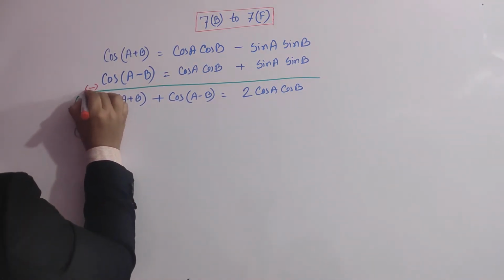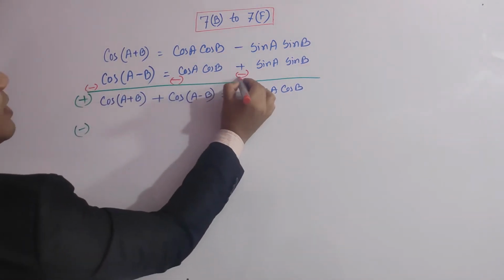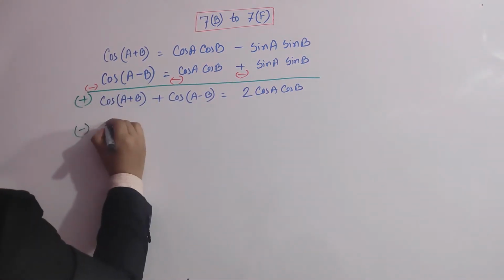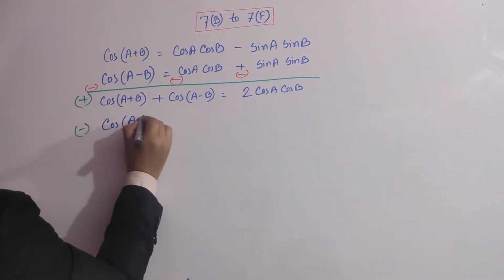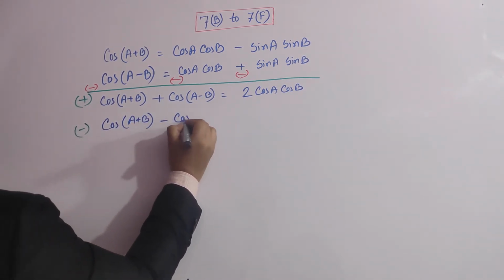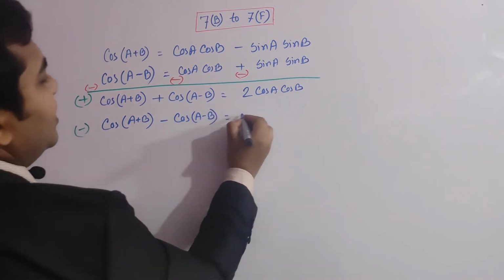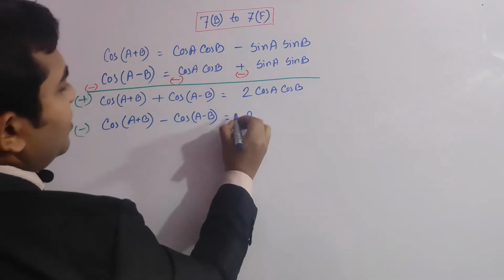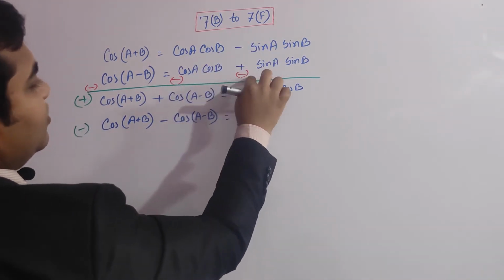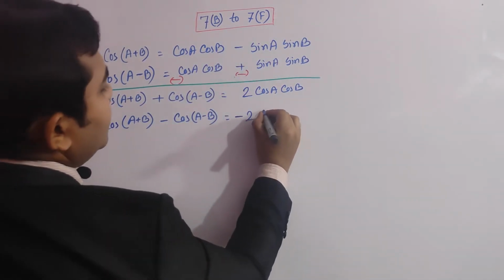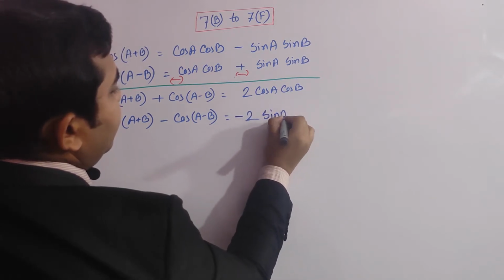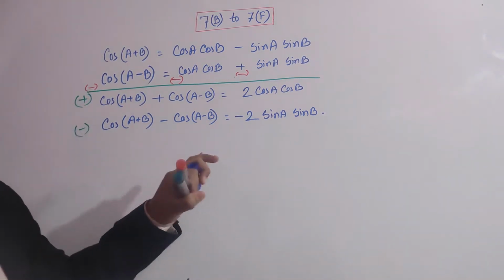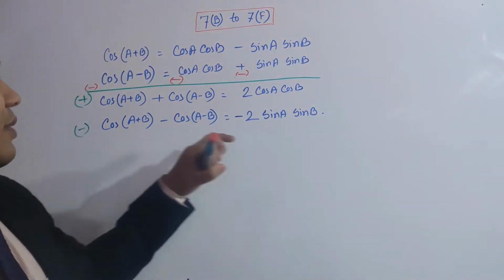So it will be minus, and again minus. Then we'll get cos A plus B minus cos A minus B equals 2 into, just this 2 has gone, so this is minus and this is also minus, so minus minus, so minus sin A sin B. So we will get minus 2 sin A sin B equals this.